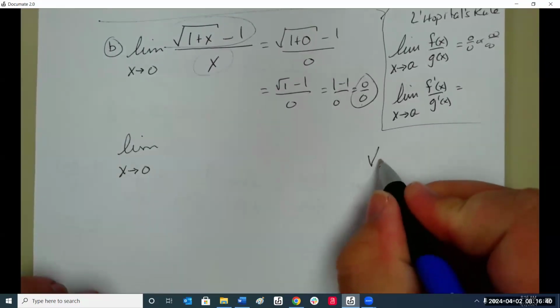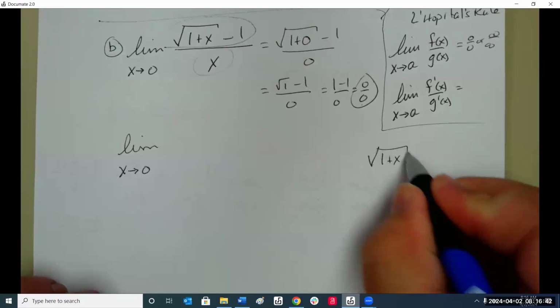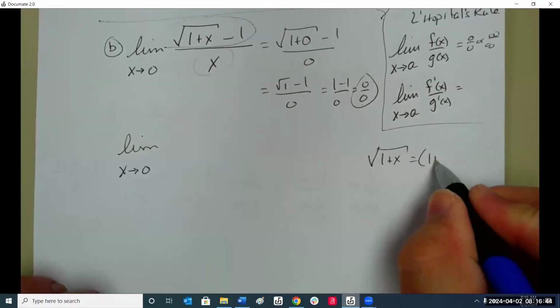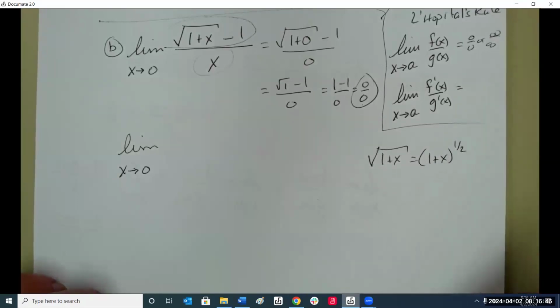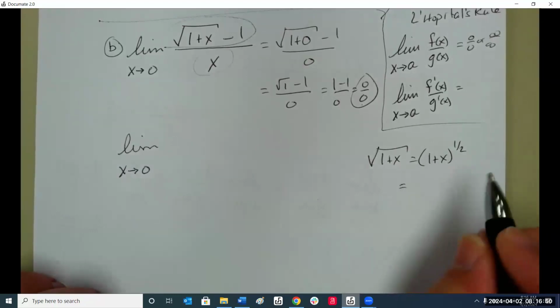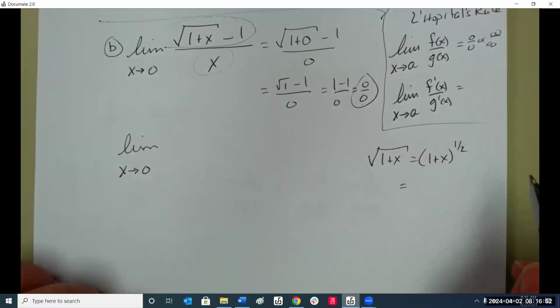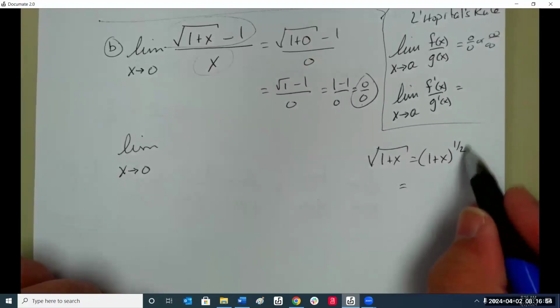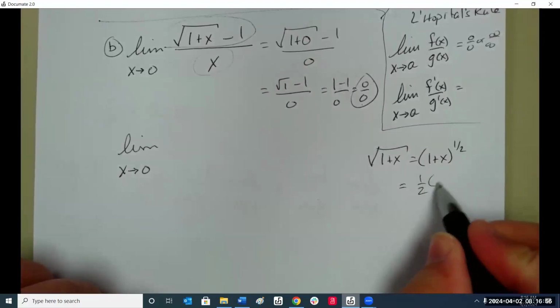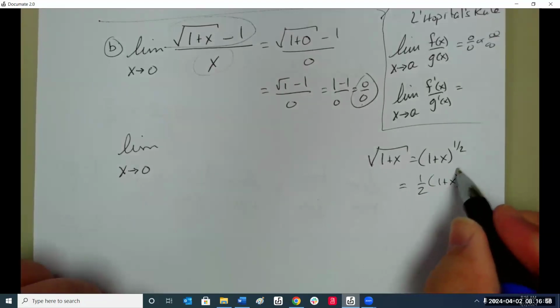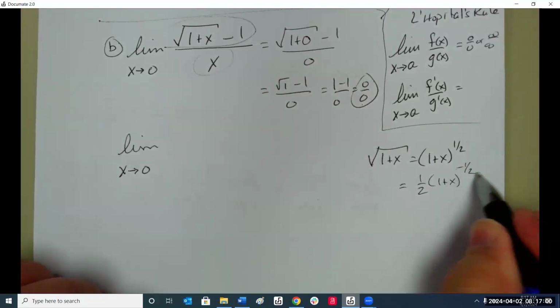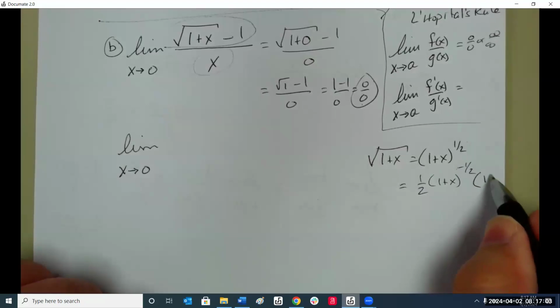So remember, the square root of 1 plus x is the same thing as 1 plus x to the power 1/2. The derivative of that, we have to use the chain rule, which is what? The derivative of the outside, and subtract 1 from the exponent, times the derivative of the inside.